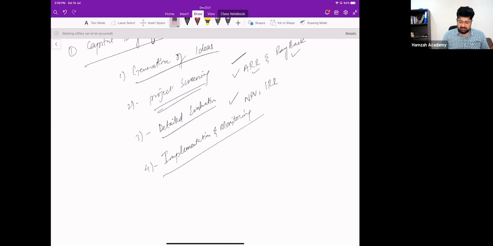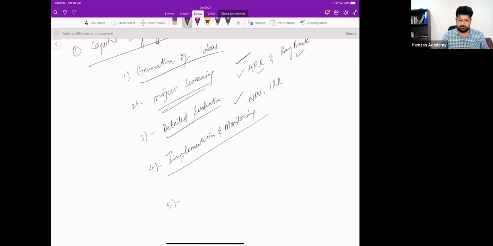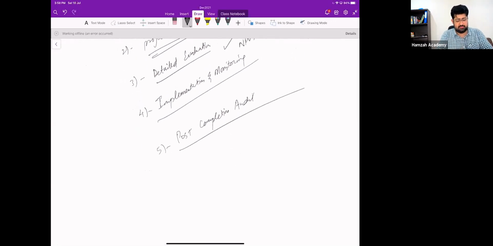And the fifth point is the post-completion audit. That is learning from your mistakes, or if we have learned something new in this project, new ways of working we have discovered and explored, they are also documented.